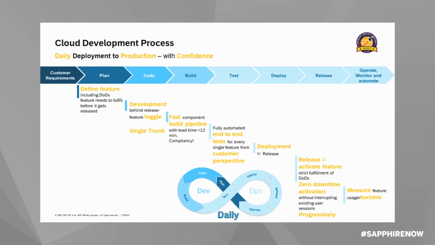Whoever logged on after the update sees the new version. And this is in a consistent way. This is what we have to do and what we do daily, since we are in beta since March, and now we are live since end of May in our early adoption phase for Cloud ALM.